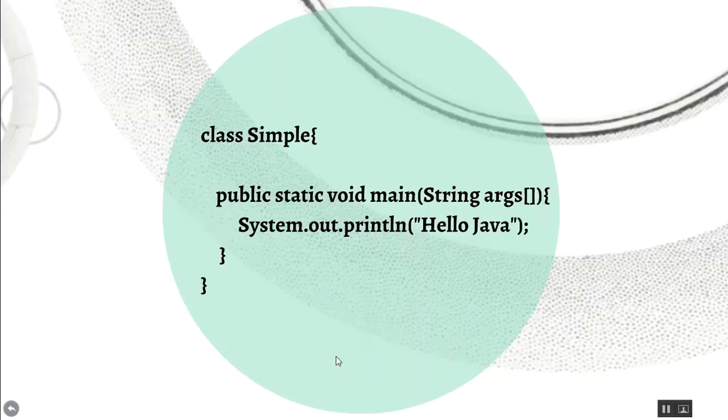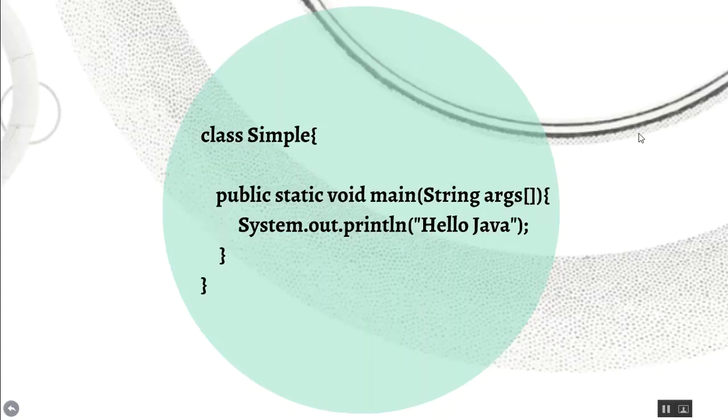Because Java is an object oriented programming language. Everything is treated as an object. If you want to execute any class or invoke any method from that class, you have to create an object of that class first, and only then you can invoke that method. But if you write static, then that method can be invoked directly without creating that object, and that is the main benefit of providing static.